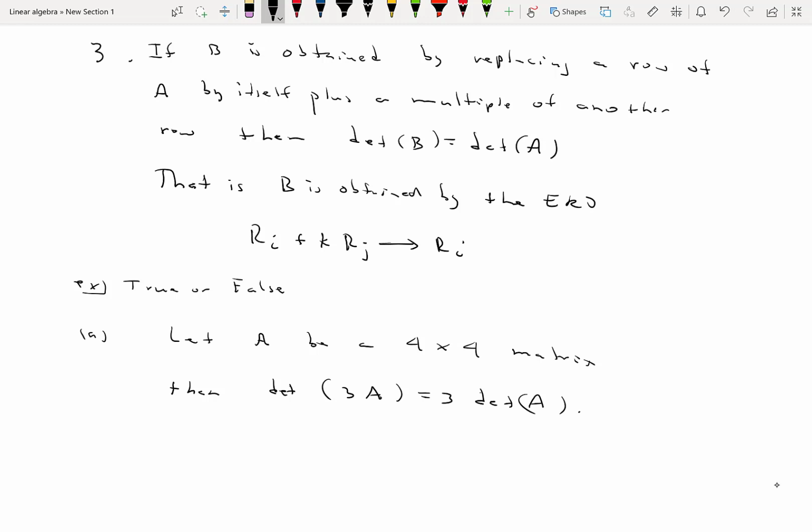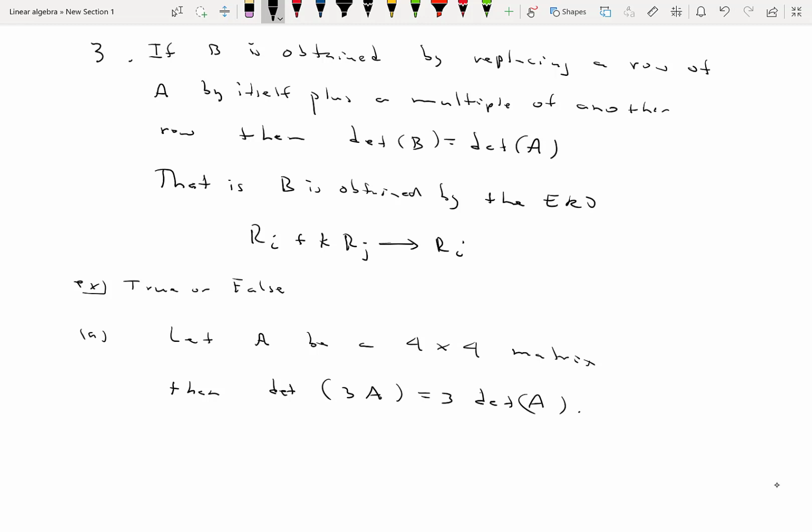A lot of students will say, oh, true, you just factor out the 3. You just said we can factor out a constant from a single row in a matrix. If I multiply a matrix A by 3, I multiply each row by 3.